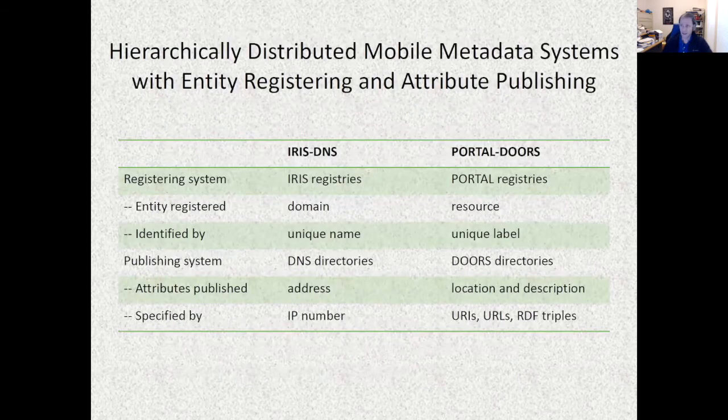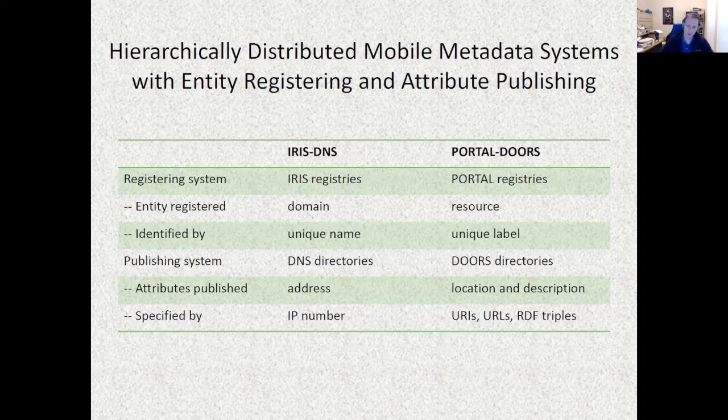And that is summarized in this simplified, concise table, where it's just not that complicated. It's a very simple, straightforward analogy. We have entity registering and attribute publishing from Iris DNS that basically mapped IP address numbers to unique domain names.